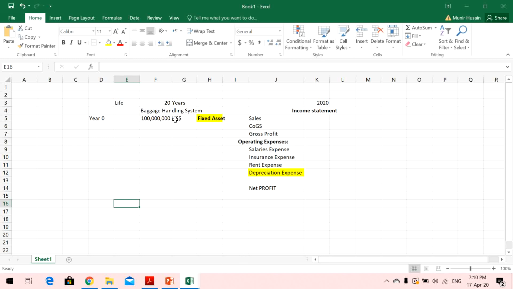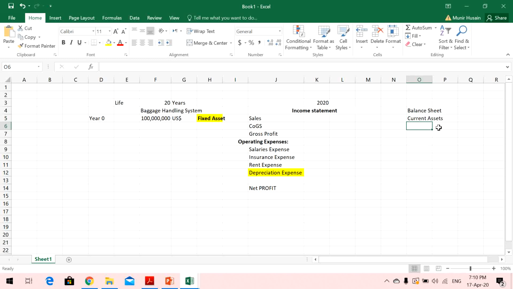Now if you remember the balance sheet, in the balance sheet we have current assets. In current assets we may have cash, accounts receivable, inventory, and so many other current assets.